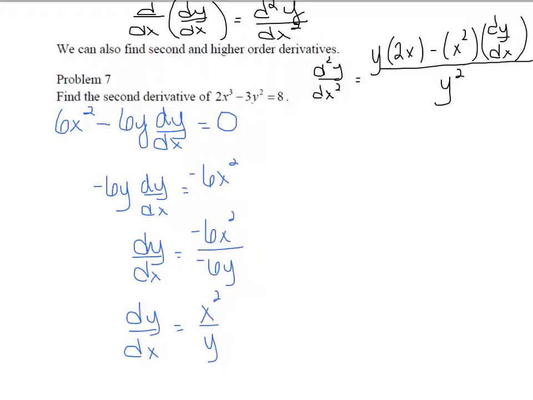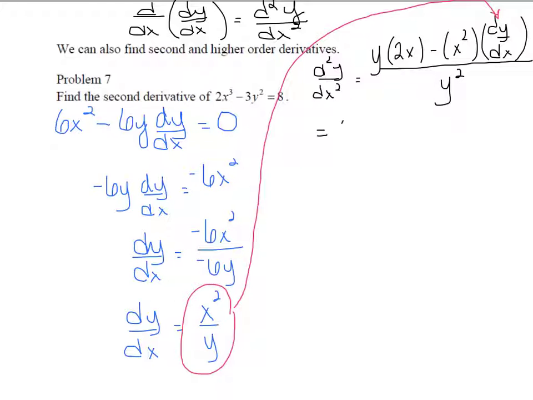How in the world do you think we're going to clean this up? Think back to your algebra skills. In this problem, we have a dy/dx. We know what dy/dx equals. We're going to take our algebra 2 skills, our algebra 1 skills really, we're going to substitute that value back up here for dy/dx.